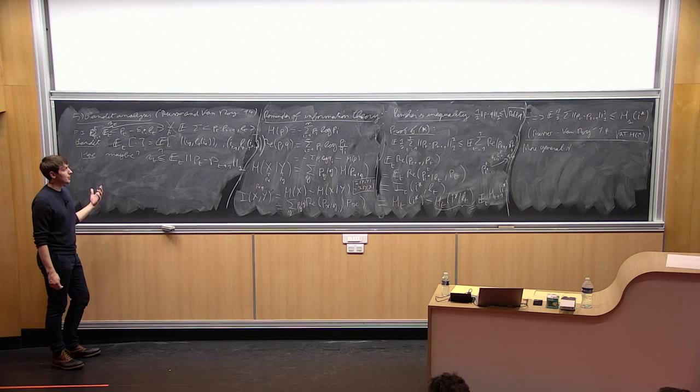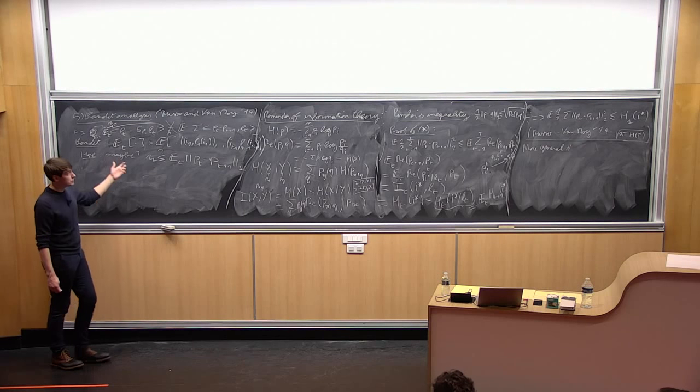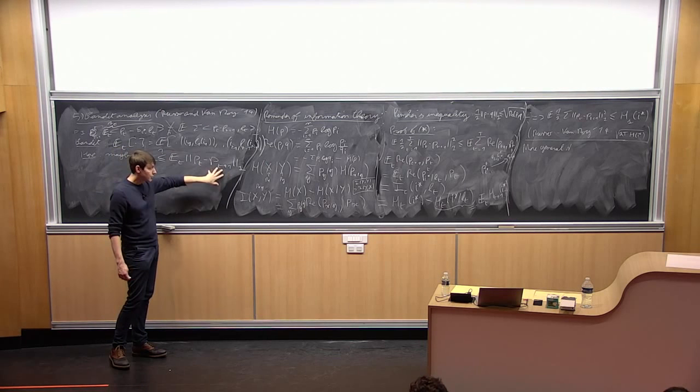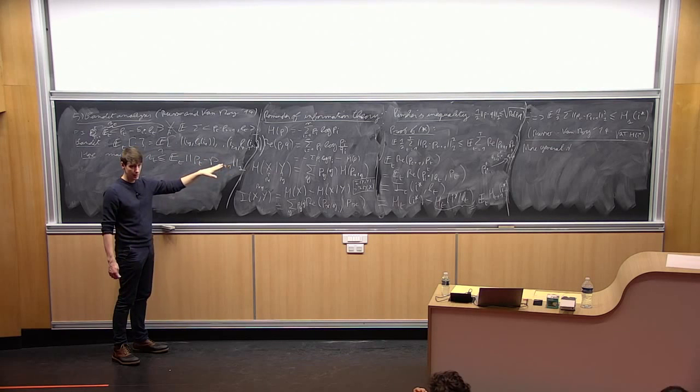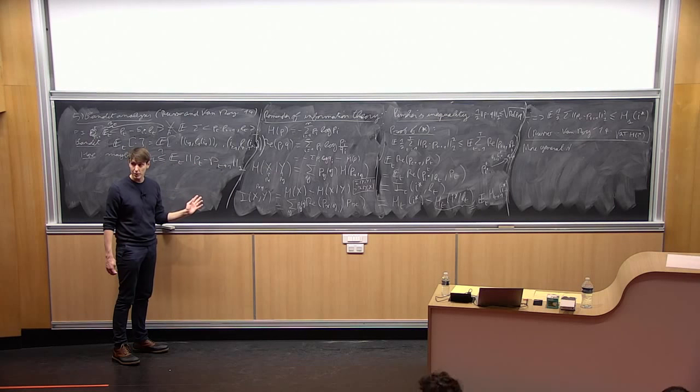But what we will be able to prove is a weaker inequality, which is sufficient given how we apply this. After that we apply Pinsker's inequality, right? So we get that this is bounded by the square root of the relative entropy, which is a mutual information term.